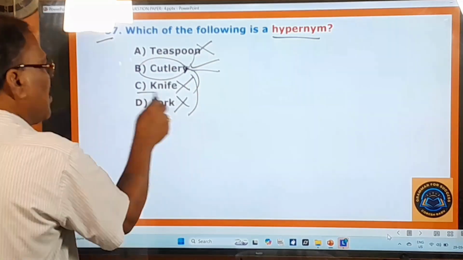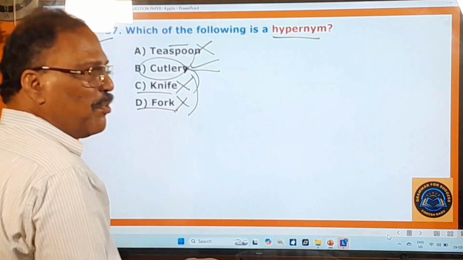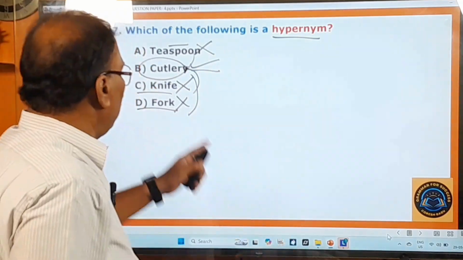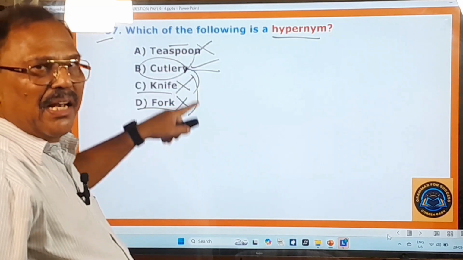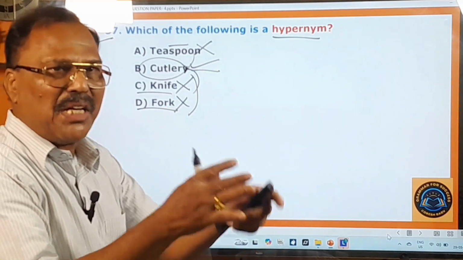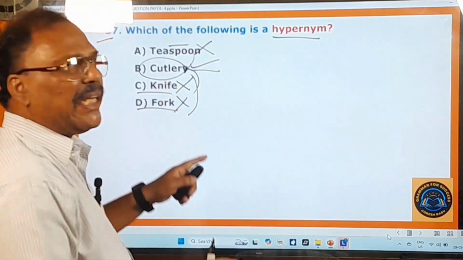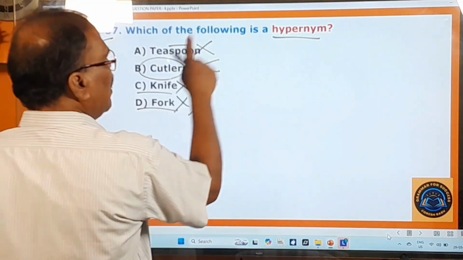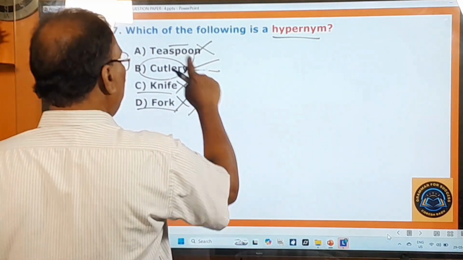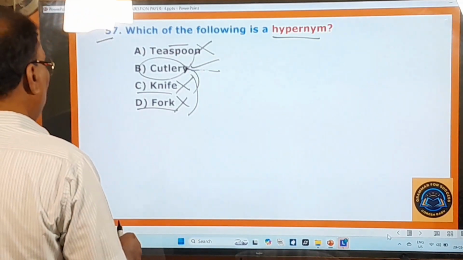Cutlery అంటేనే knives, forks, teaspoons, tablespoons, all these things will come under this cutlery. ఈ hypernym కిందనే మిగతా అన్ని మనం ఇంట్లో వాడుకునేటువంటి చెంచాలు అన్నీ కూడా వీటి కిందకి వాటన్నిటిని కలిపి కట్లరీ అంటాం. So it's a big word, it's a hypernym, and therefore this is the right option. All others are wrong. You move on to the next question.